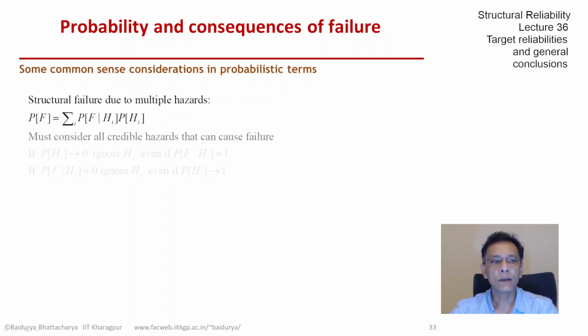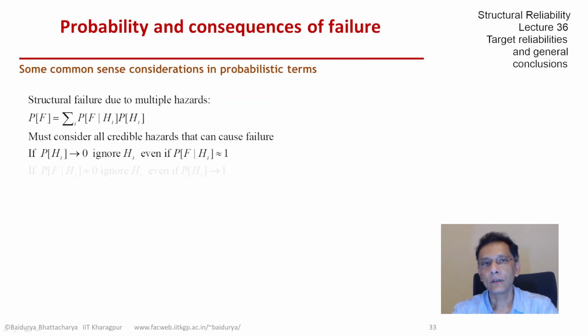Now, one of the important practical considerations in design is that all credible hazards that can cause failure must be included. So the operative word here is credible, which basically means that even if a hazard is very severe or is definitely going to cause damage or complete failure, if it's unlikely, if P of Hi is approaching 0, then we should ignore it.